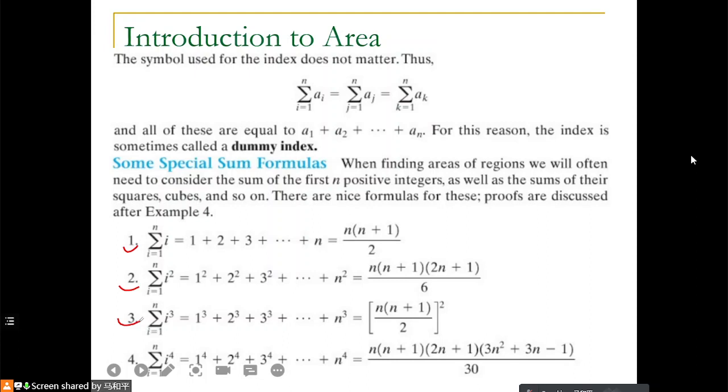And the second is 1 squared plus 2 squared plus 3 squared plus n squared is equal to n times (n plus 1) times (2n plus 1) over 6. And the third one, this is 1 cubed, 2 cubed, 3 cubed plus n cubed is equal to (n times (n plus 1) over 2) squared. And with the last one, if you meet with this formula, you can remember this. You can search it online, I think.